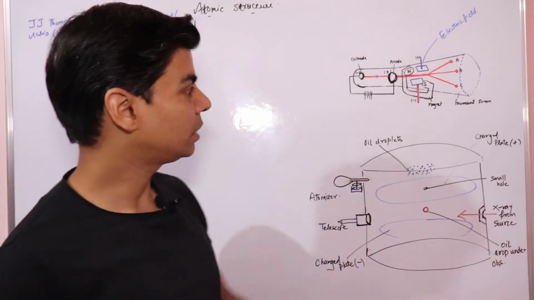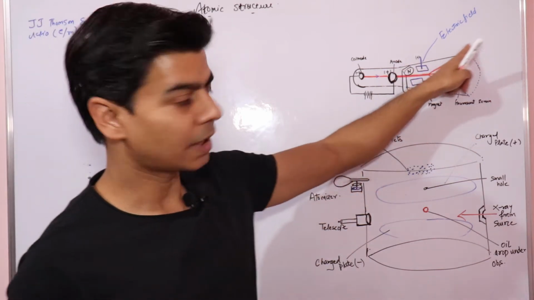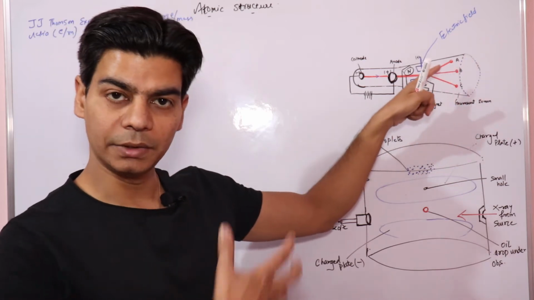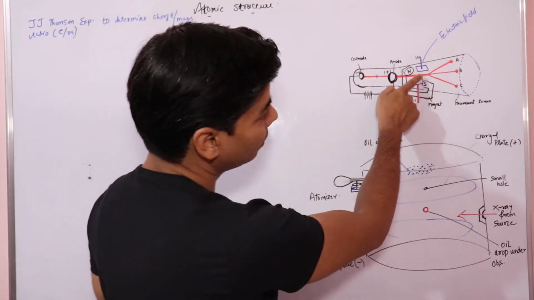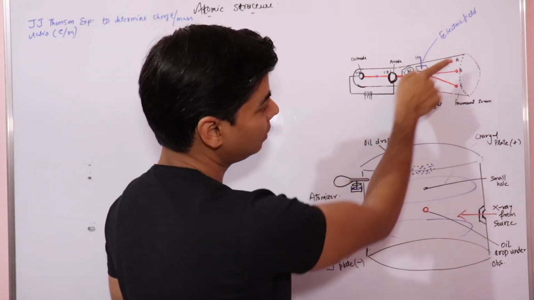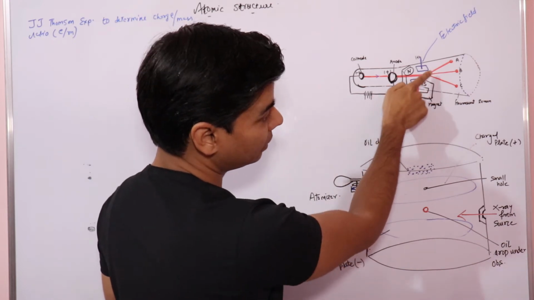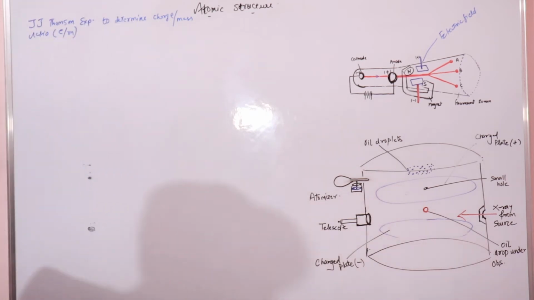If the electric field is deflecting this beam of electrons in this direction, then the magnetic field will deflect the same beam in the equal and opposite direction, right?